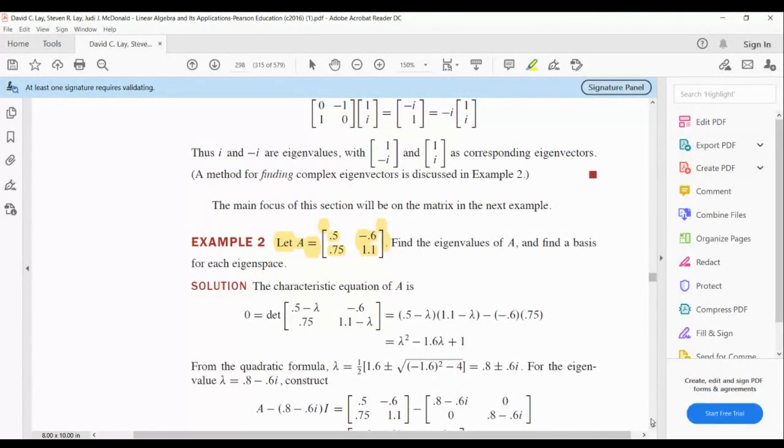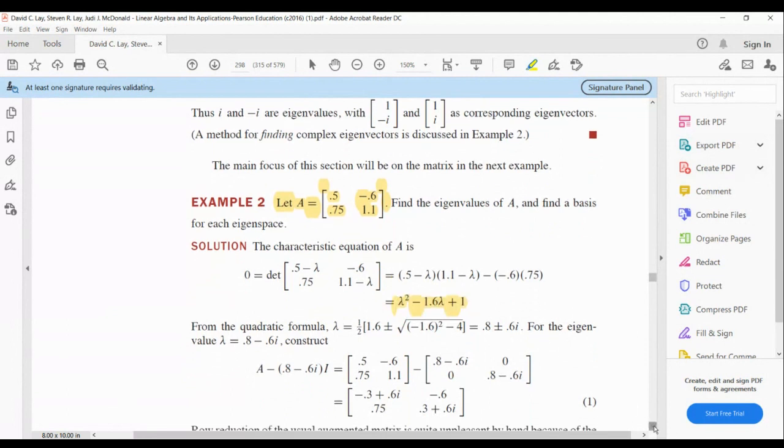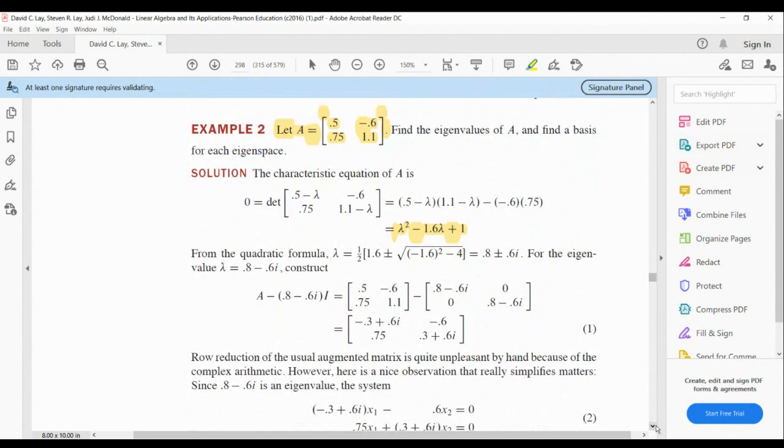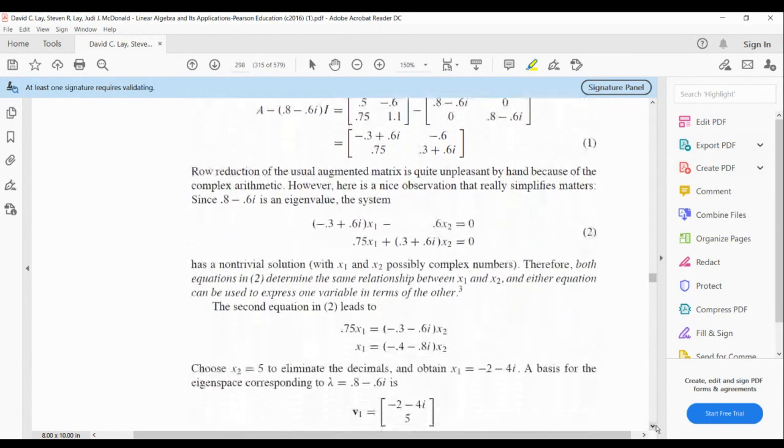And they go through the process and get their eigenvalues for this problem. They do the same thing that we did. But their eigenvalues are lambda equals 0.8 plus or minus 6i. So that can happen, right? That's no big deal.